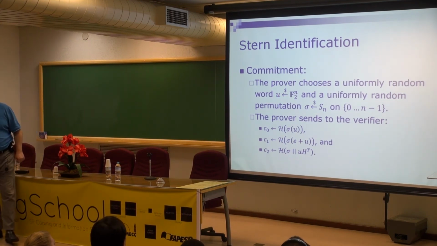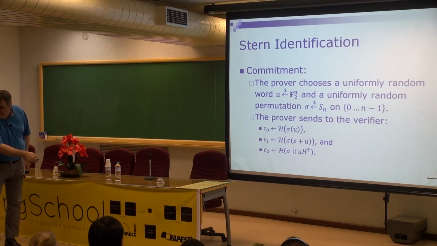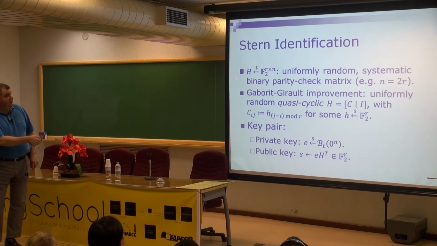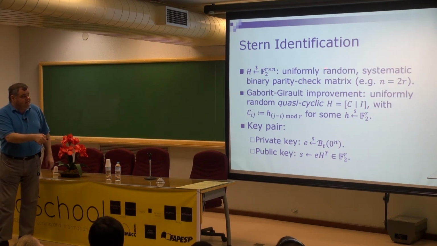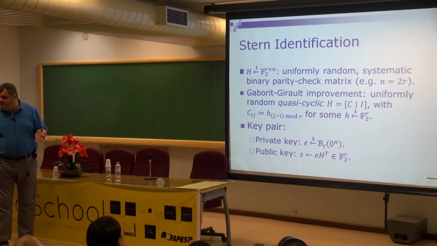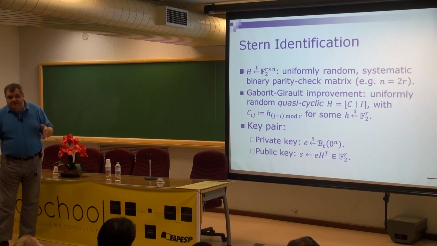What's that? Yes? I guess it was not explicitly mentioned, but H is part of the private key. You mean this H here? No, it's a public parameter. You can see it here. So it's part of the setup. It can be shared between users. Since it's uniformly random, it does not contain a trapdoor. You have to ensure it's really random, or random looking.